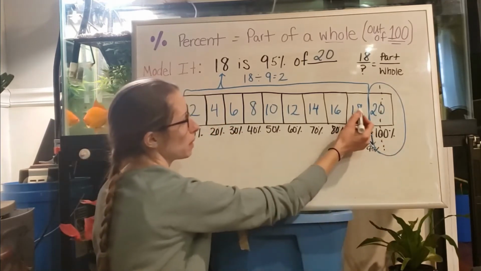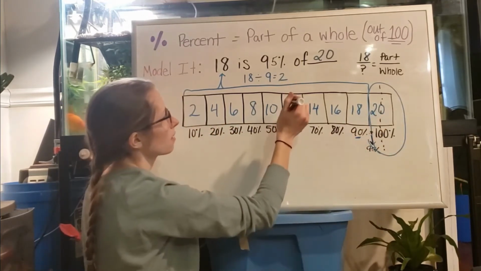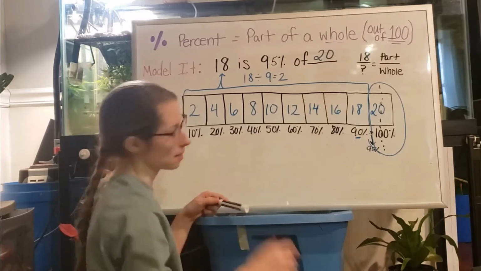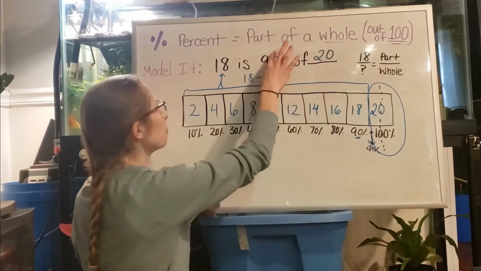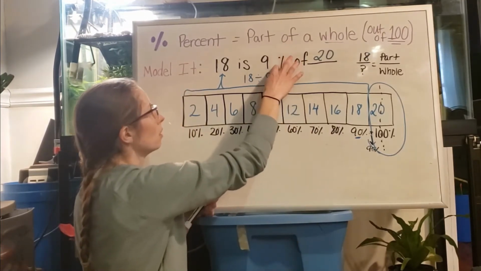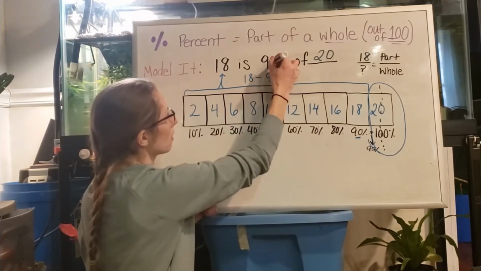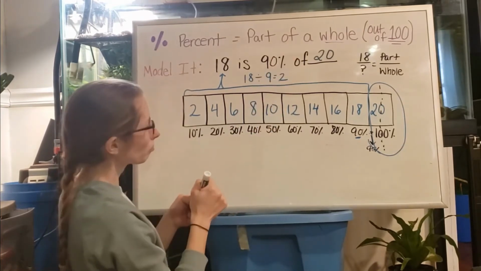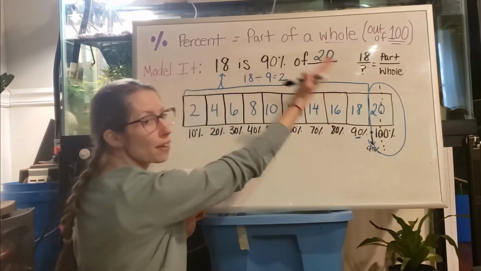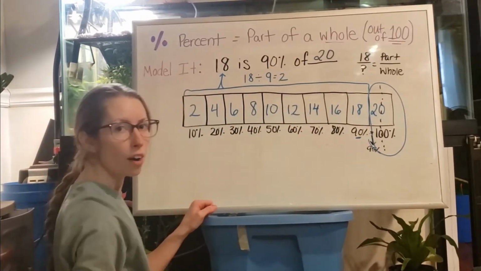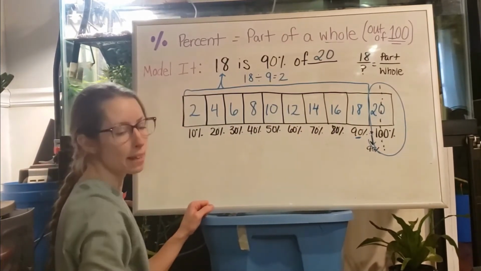Well, halfway between 18 and 20 is 19, so my answer would be 19 in that case. But for this example, they just gave us 90%. So there you have one way to solve practice sheet 2B.